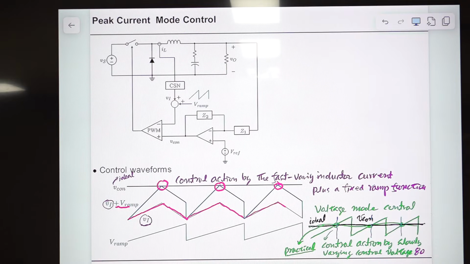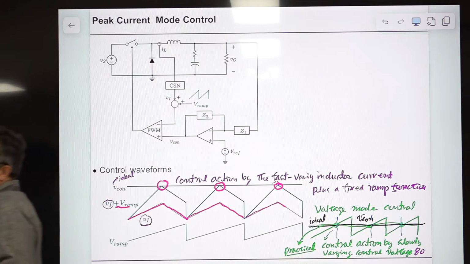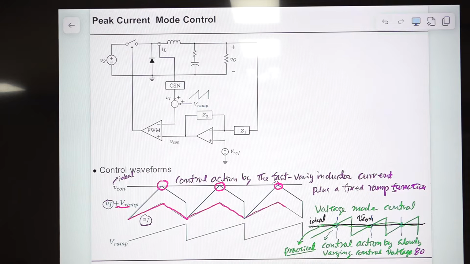Suppose this is the ideal case, where V control is fixed. Now assume there is some sinusoidal variation in the control voltage. So this is the ideal case, and the practical case may be something similar to this.